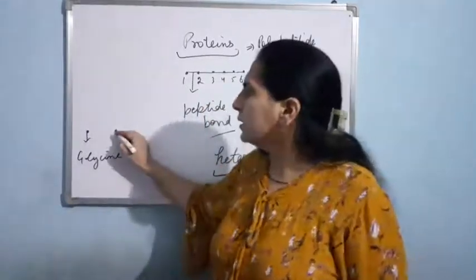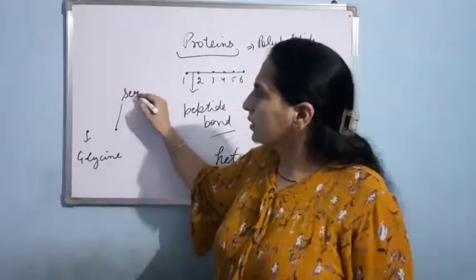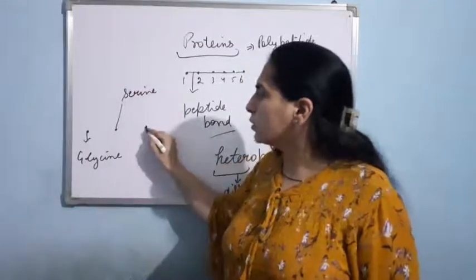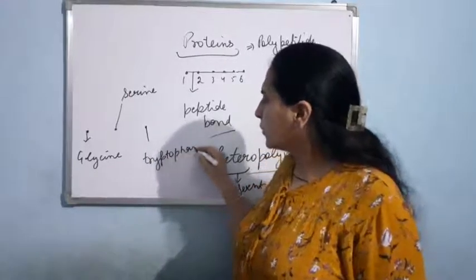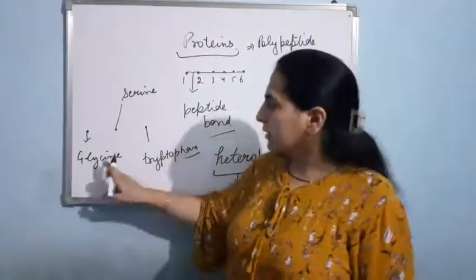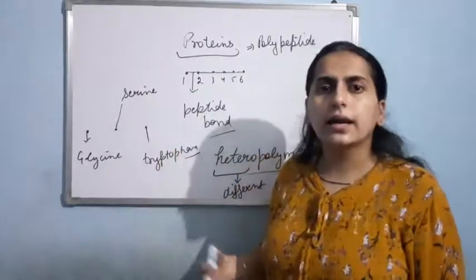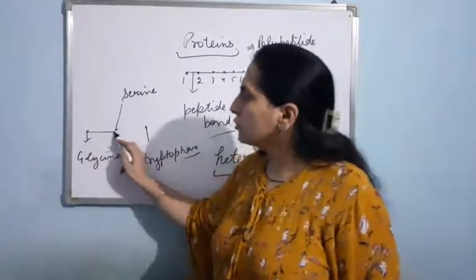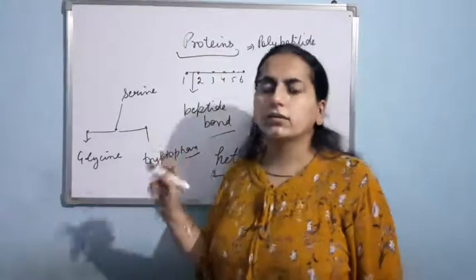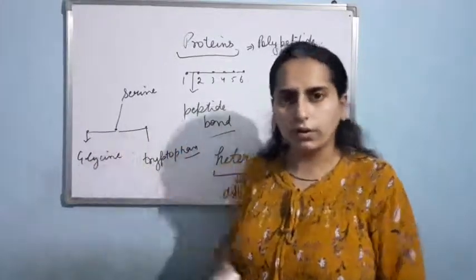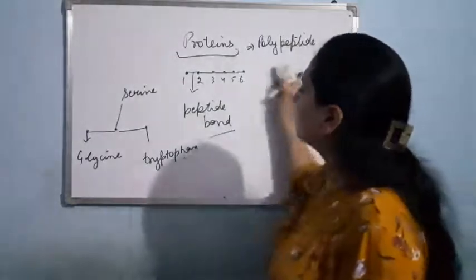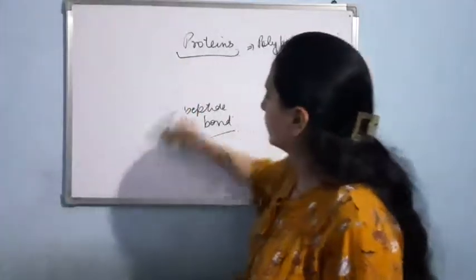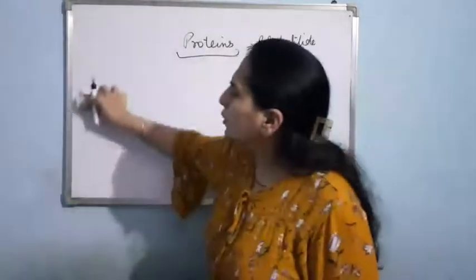It could be serine. The third amino acid, suppose, could be tryptophan. So basically protein is a heteropolymer. The different monomer units are different and these are being joined by which bond? Peptide bond. Clear?